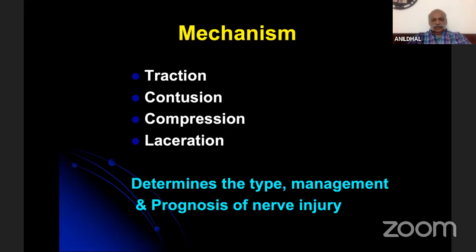Mechanism of injury is important to know because it determines the type, management, and prognosis of nerve injury. To give you an example, the traction type of injuries, which are typically seen in the high-speed motorcycle accidents, where a patient or the rider, when he falls, the head strikes against the curb or the road, and there is a sudden increase in the neck shoulder angle, which causes a traction type of an insult on the underlying brachial plexus.